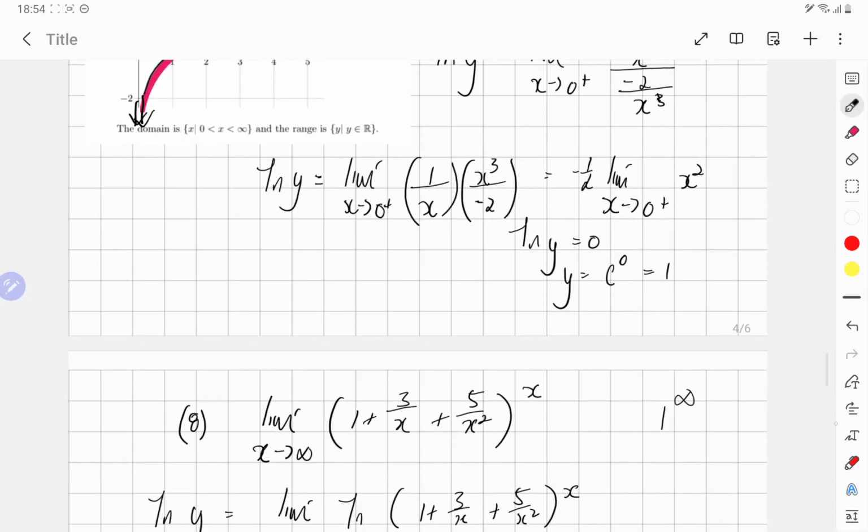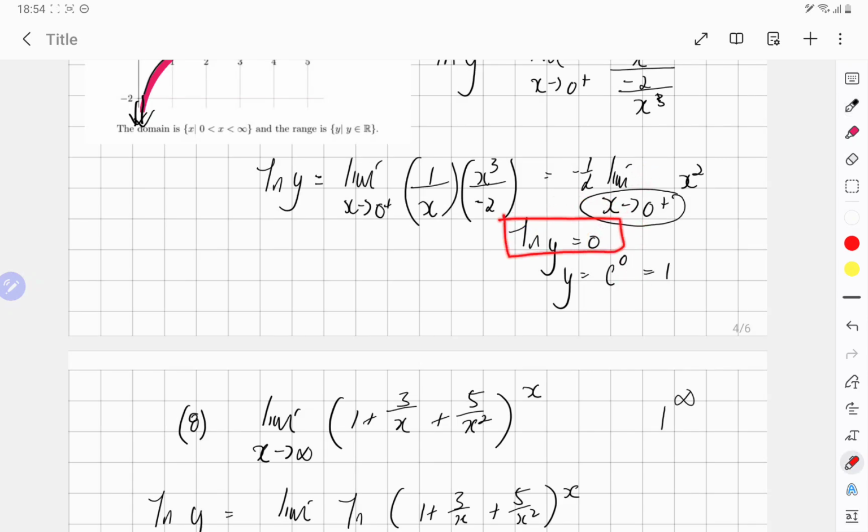So when I simplify this, remember I can take the constant outside. X cubed divided by x is x squared. But as x approaches 0 from the positive side, x squared is 0.